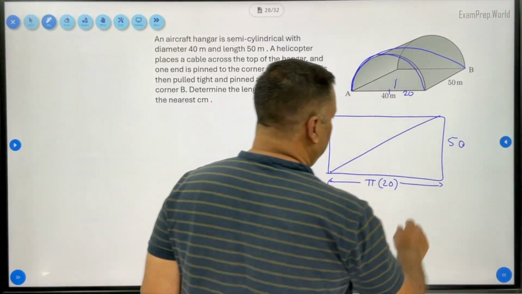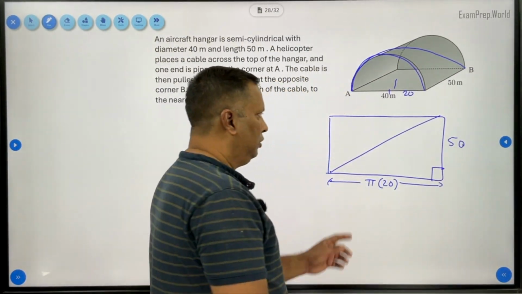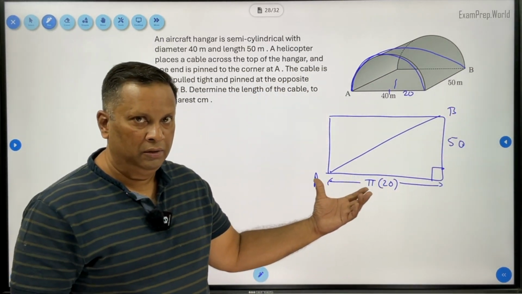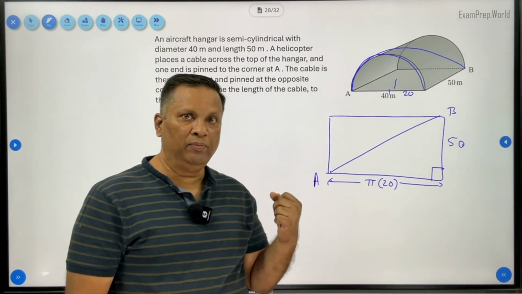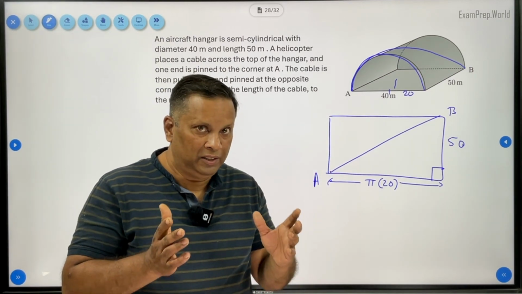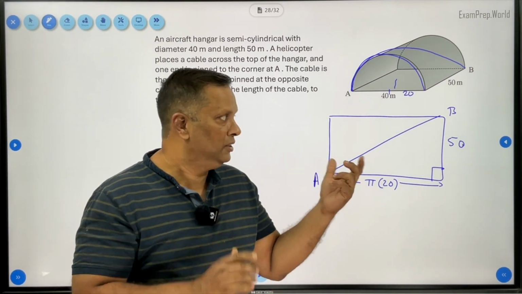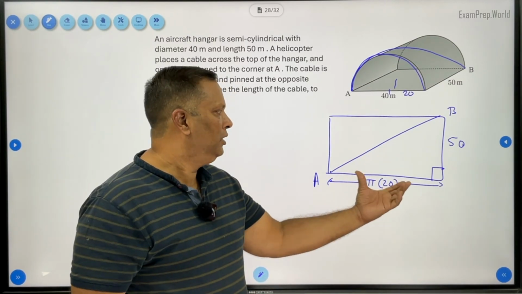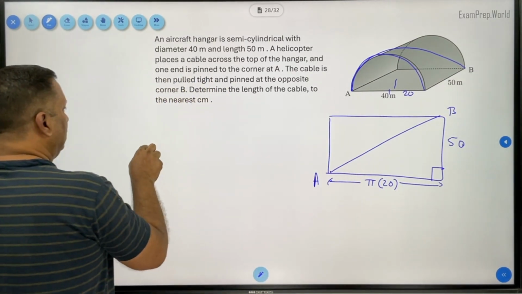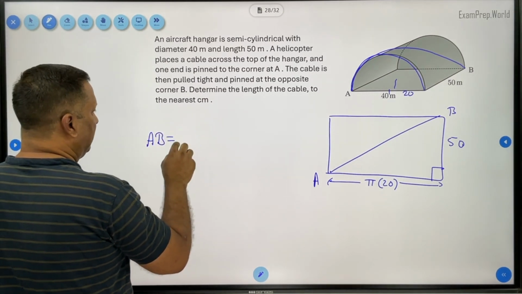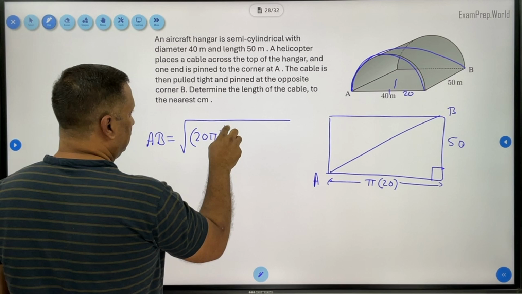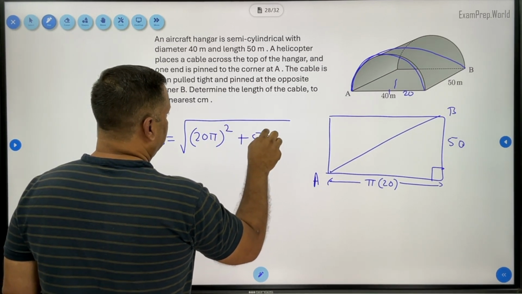With Pythagoras, and you have a 90 here. So this is A and this is B. See, in these kind of questions, you need to have power of imagination, imagining 3D structures and then disintegrating them into small parts and then calculating. Now from here it is simple, Pythagoras theorem. So AB will be equal to, because that's the hypotenuse, root of (20 pi) whole square plus 50 square.